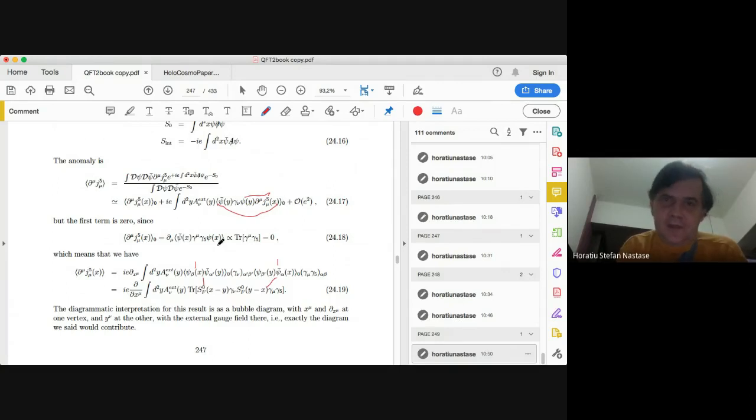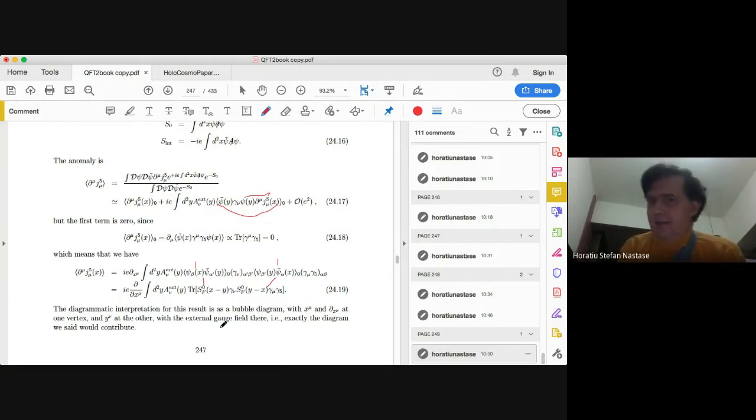So in E squared there would be an S F from X to Y, and then an S F from Y to Z, and then an S F from Z to X, right? So X being the current, and Y and Z being the external gauge fields. And when we go to momentum space, this becomes a one loop with 2 external gauge fields and 1 external current.